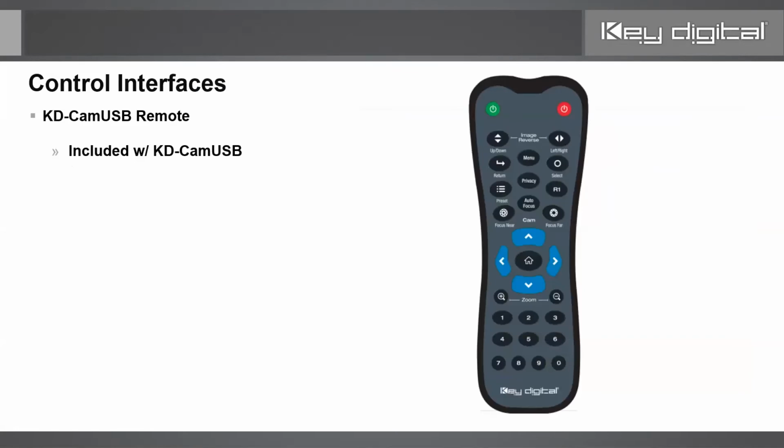One of our other options is our wonderful handheld remote, which has all the features there: PTZ or home key, all of our presets that are set up there across the board, autofocus, privacy mode, menu, all the layouts are there also.